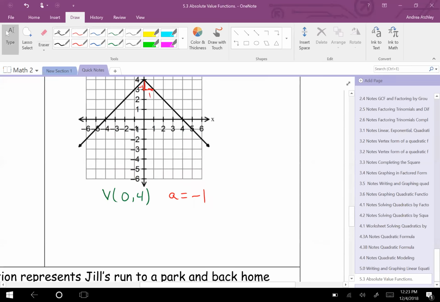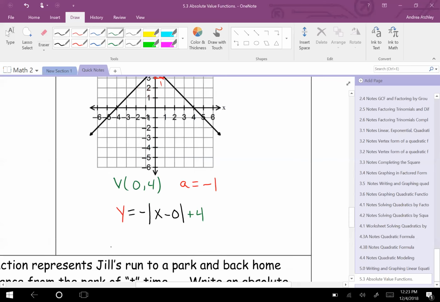So then you just plug it in. y equals negative times the absolute value of x minus 0 plus 4. When you simplify that, you can have it as just f of x, sorry, or y. I started with y.